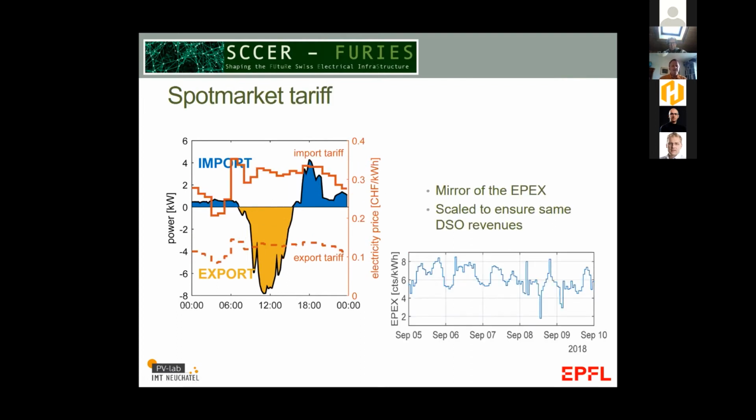A spot market tariff, which mirrors the PEX tariff, and basically all the tariffs were scaled to give, over a 1 year operation, the same revenue for the DSO as the reference tariff.